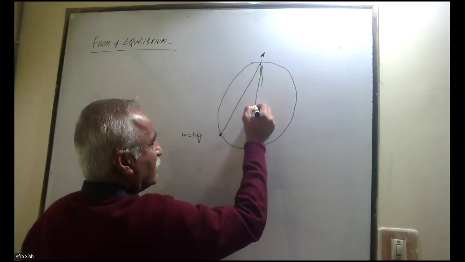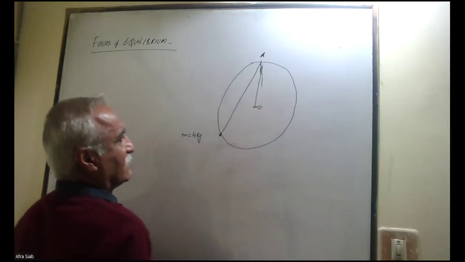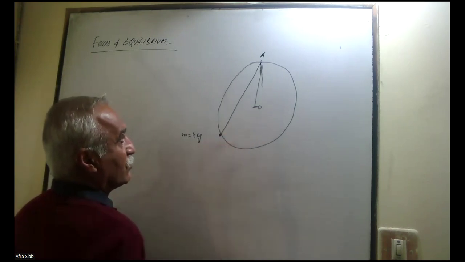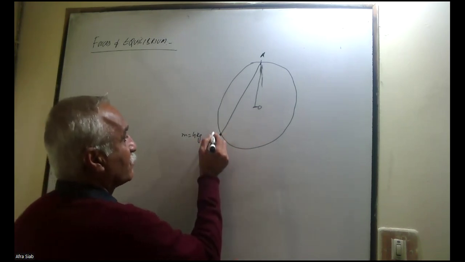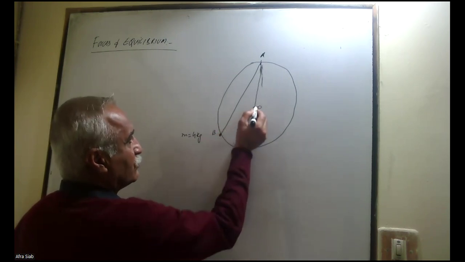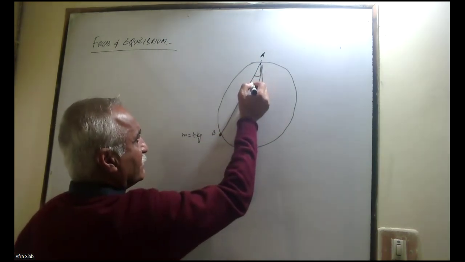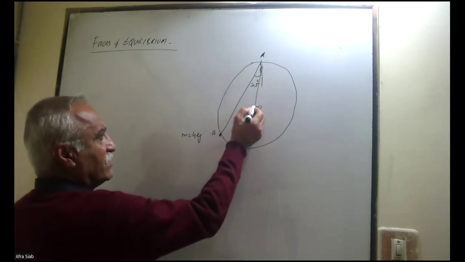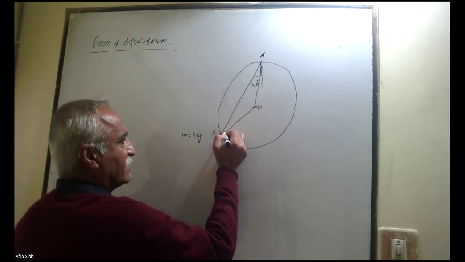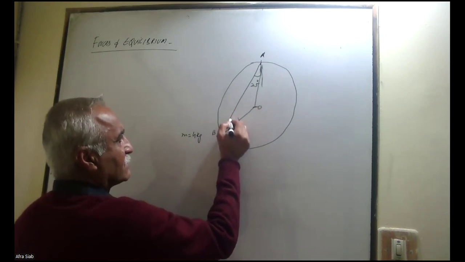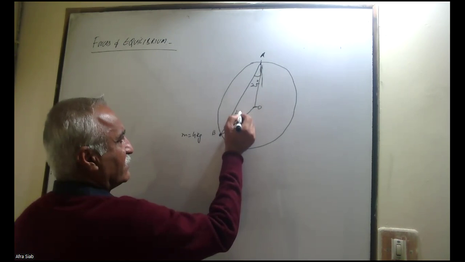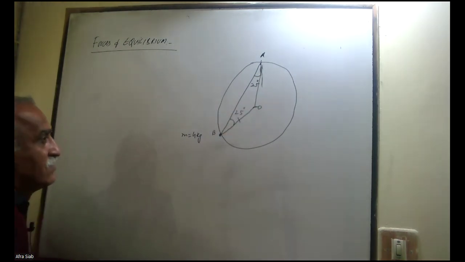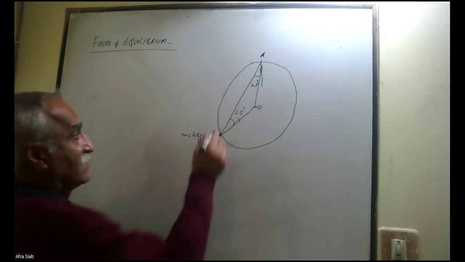Let's say the center is O. Now we know that if this point is B, you join, and this angle is 25 degrees as given in the figure. If we join O with B, then it will become the radius, so this angle is also equal to 25 degrees. Now we have to find out the radius and the tangent in that string.